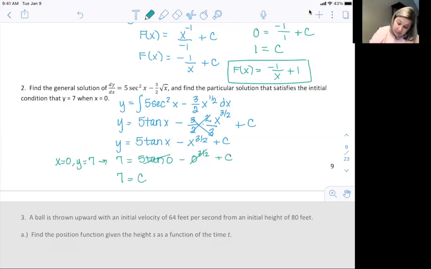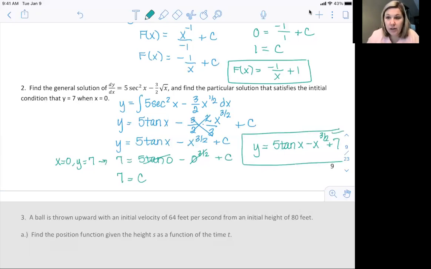So now we're ready to give our final answer, which is the particular solution that has 7 instead of c. So the final answer is y is equal to 5 tangent of x minus x to the 3/2 plus 7. That is our particular solution here. Anybody have any questions on this one?